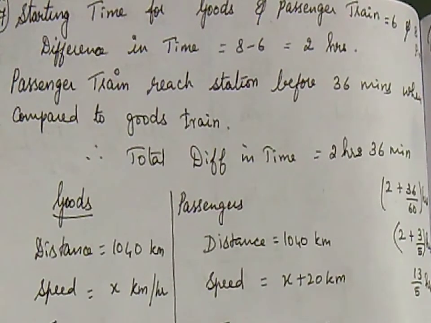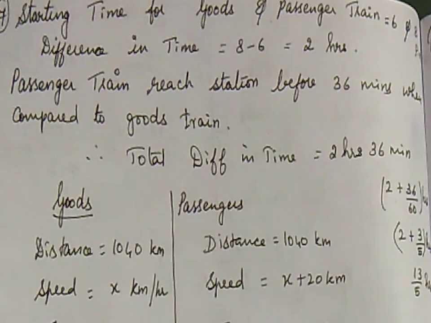Now, this is given in the question. What is the starting time of the goods train? 6 p.m. And the passenger train? 8 p.m. So what is the difference in their time? 2 hours, 8 minus 6.